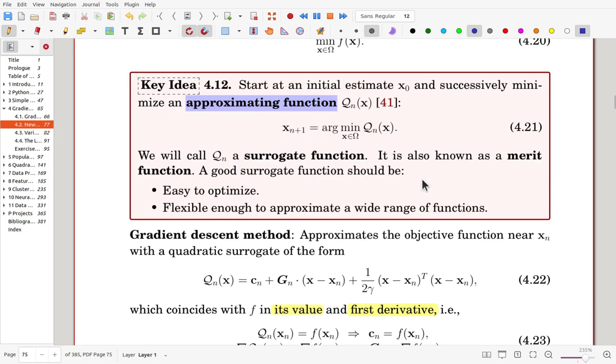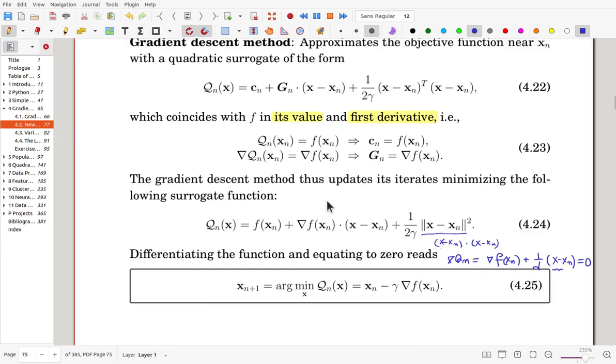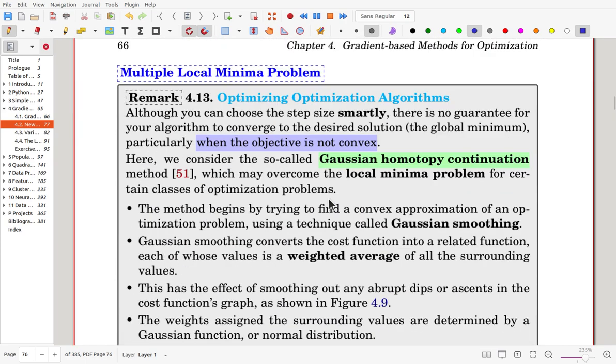Okay, that is the subject of the third part, and also we'll go over another subject that is quite important, the multiple local minima problem. Although you can choose the step size smartly, and reformulate your algorithm in a much better way, there is no guarantee for your algorithm to converge to the desired solution.